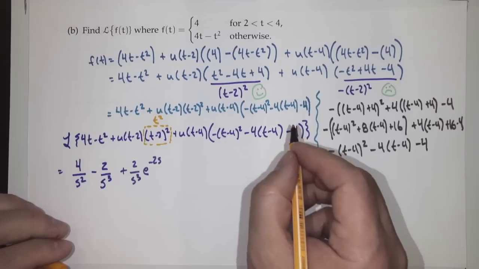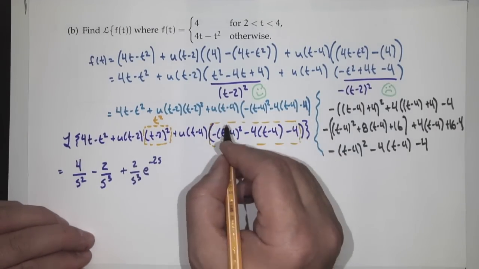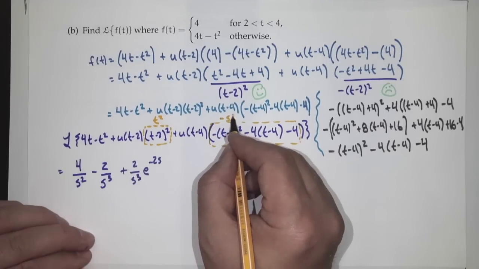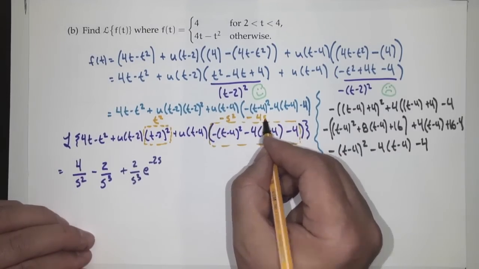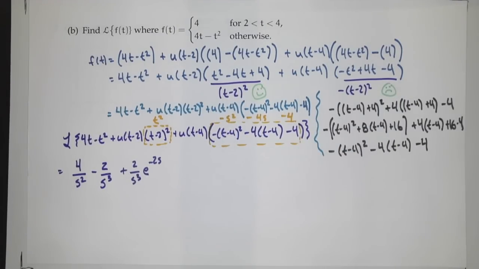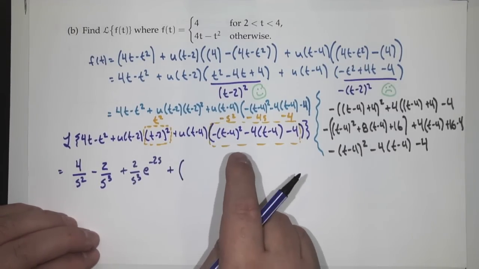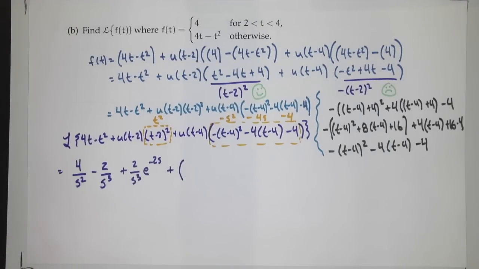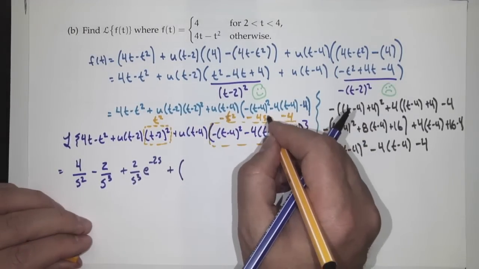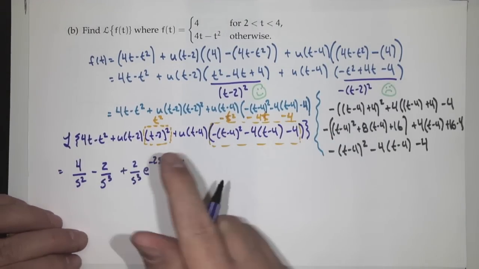And we come to the end here. So the function that's underlying this is minus t squared minus 4t minus 4. So we just go through and take the transform of that. Sorry, I put s's there. It should be t's. There's a t squared and a 4t. The t squared, we know how to do that: 2 over s cubed.